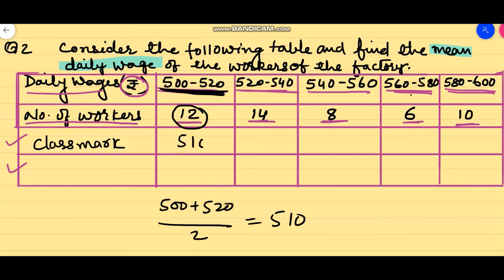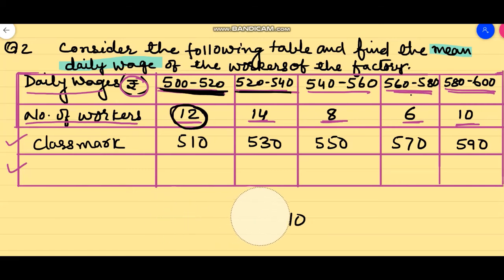So for 12 members, the average salary is 510. You can calculate the total salary for them. For 520 and 540, the class mark will be 530. Here the class mark will be 550. Then the class mark will be 570. Now the class mark for the last one will be 590.